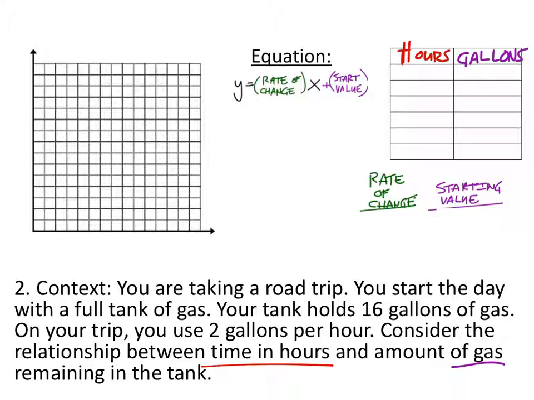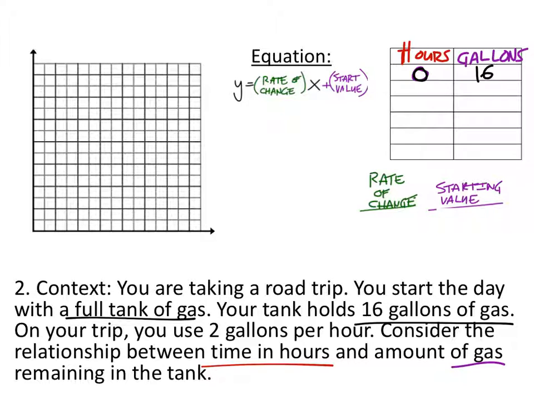So yeah, I'm starting with the table first, not that you would necessarily have to. But the number of hours, let's say we're at 0 hours. At 0 hours, it said that it's starting with a full tank of 16 gallons. So that would be 16 right there.